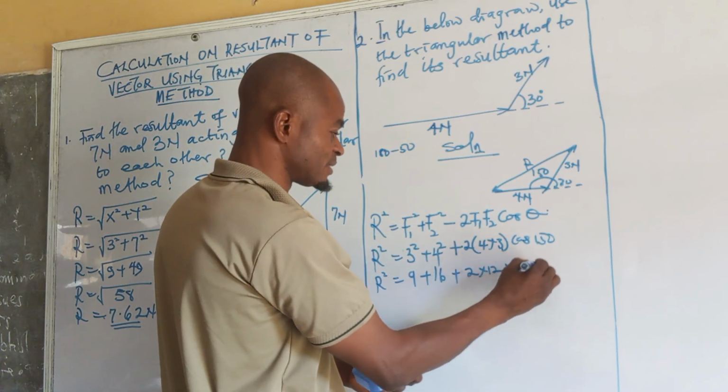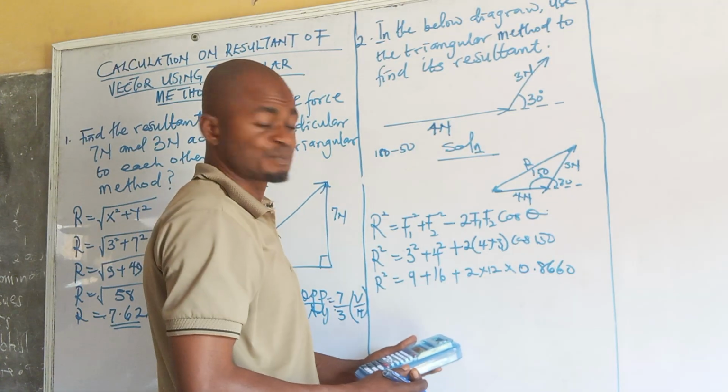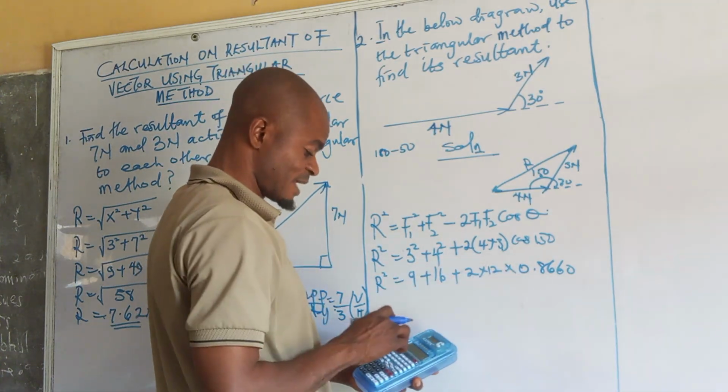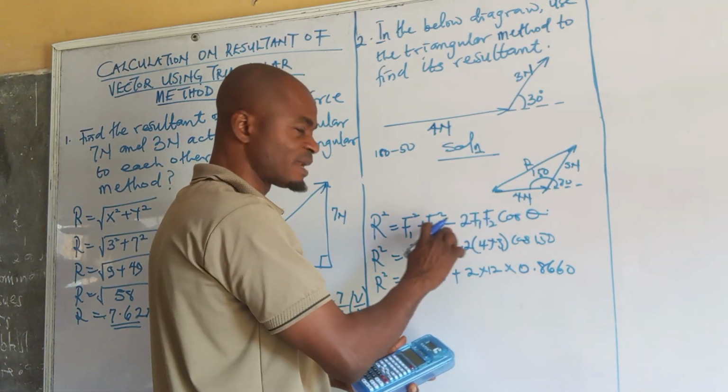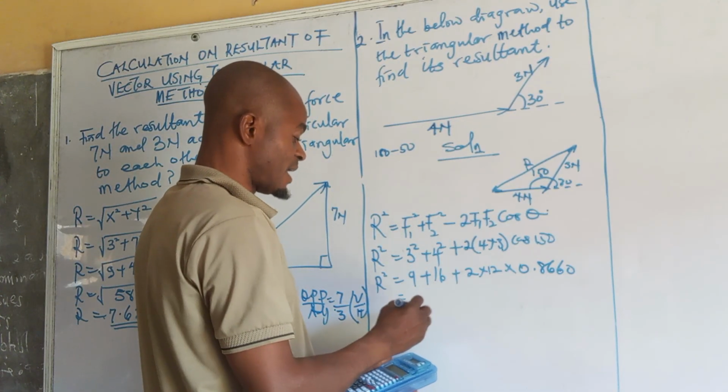You don't need to put minus again. That is 0.8660. That is what we are going to put there. Don't forget that you get minus here. That minus is the one that cancels this to make it positive form. And this one will be our thing.